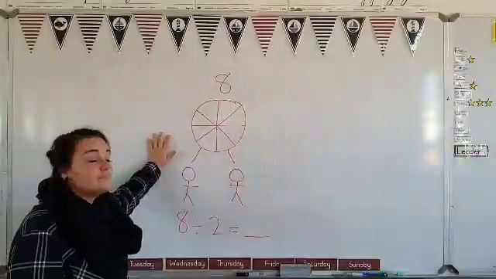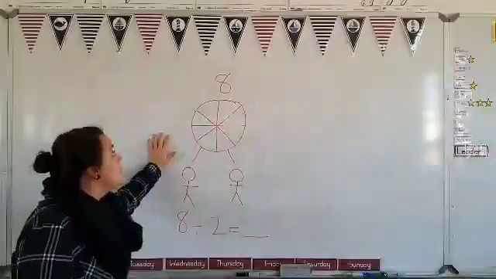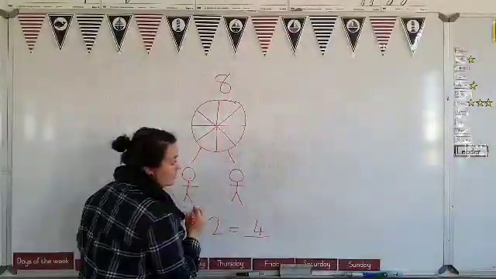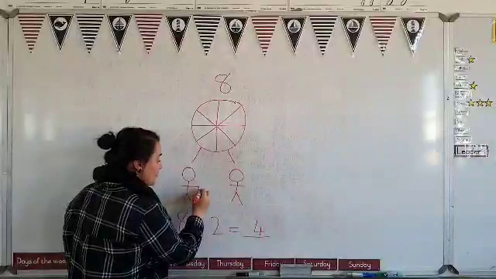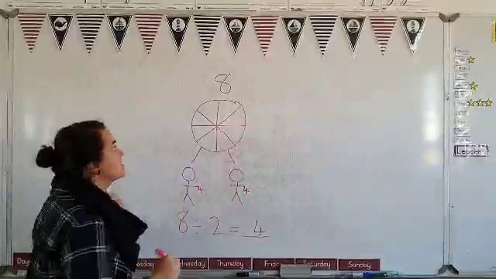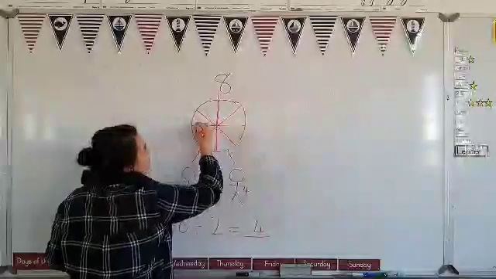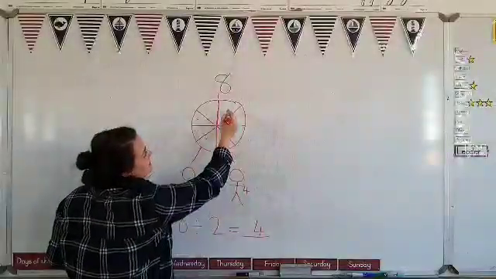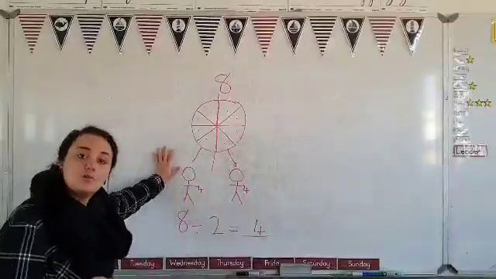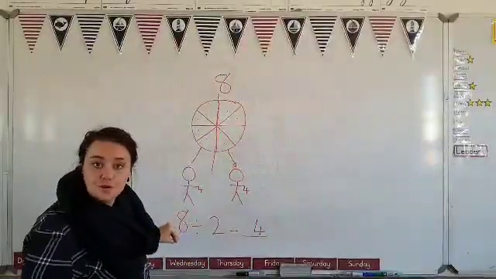So 8 slices divided by 2 friends will equal 4. It means this one will get 4 slices and this one will get 4 slices, because it's half of the pizza. 1, 2, 3, 4. 1, 2, 3, 4. That's what we call division, when you take something and divide it into groups.